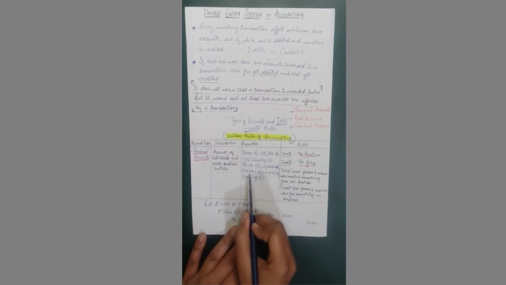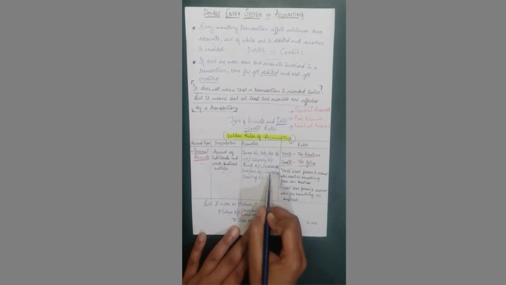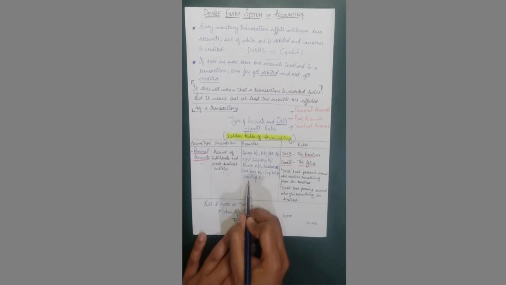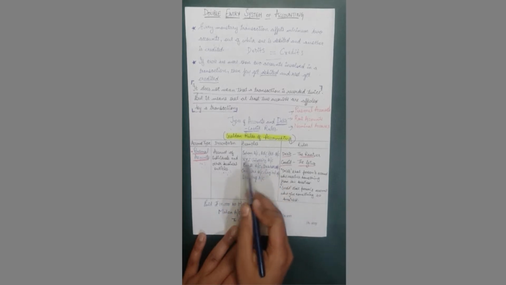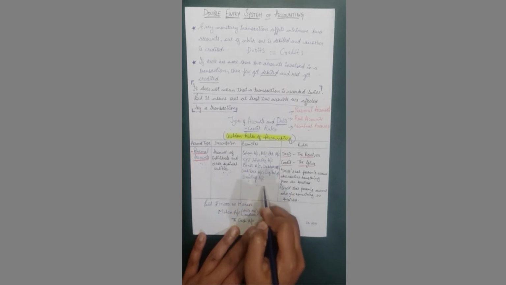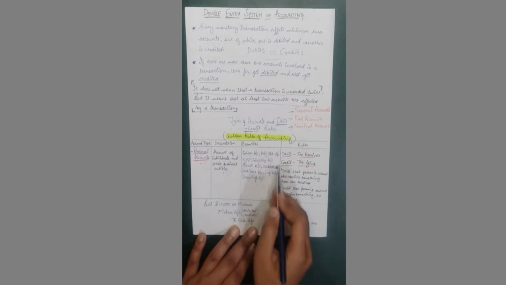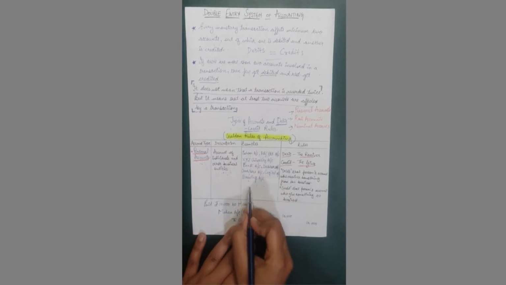So the debtors and creditors accounts, the bank account, the capital account of the owner, the drawings account of the owner, right? These are all related to either an individual or a business organization. So all these accounts are examples of personal accounts, right?